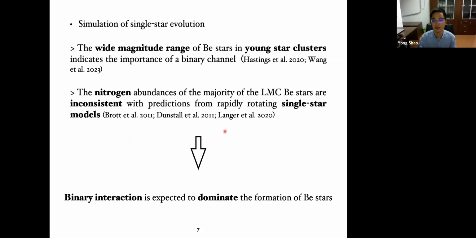However, the majority of observed Be stars in the Magellanic Clouds do not have high nitrogen abundances. So these two results indirectly support that binary interaction may dominate the formation of Be stars.